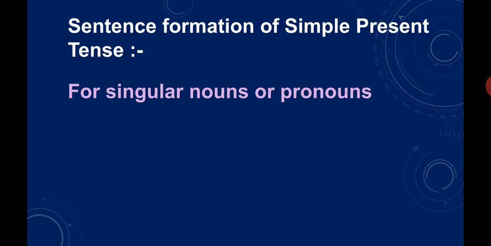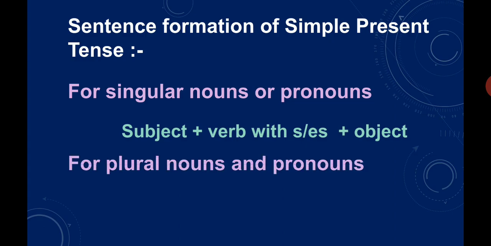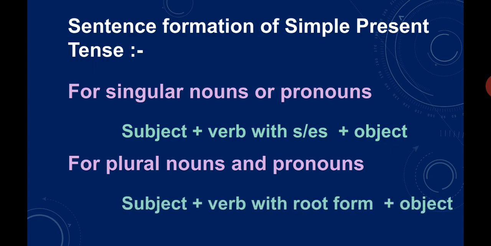So, first of all, subject, then verb with S/ES, and then object to complete the sentence. This is the rule for sentence formation for singular nouns or pronouns. Let's see the plural nouns and pronouns. First, the subject, then the verb in root form, meaning the main form of the verb without any changes, and then the object.